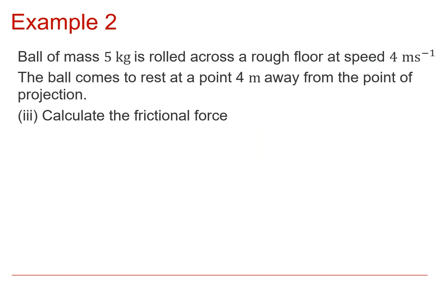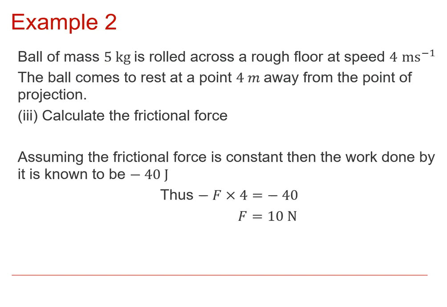I think this is where it becomes really powerful, this idea that we can now use this to calculate the frictional force itself. We know how much energy has been lost, so we know how much work has been done, that was minus 40 joules, and we know the distance over which this has taken place. If we assume that this force is constant, which is a very common modelling assumption when dealing with friction, then the work done is minus 40 joules.